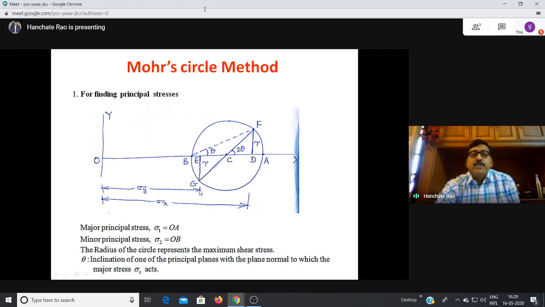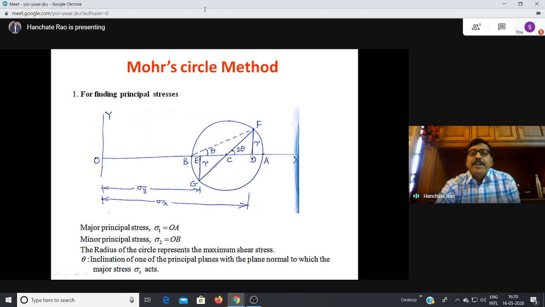Similarly, sigma y is equal to OE. So you don't get A and B points first. First you get point D and point E. For some scale you draw OD and you draw OE.